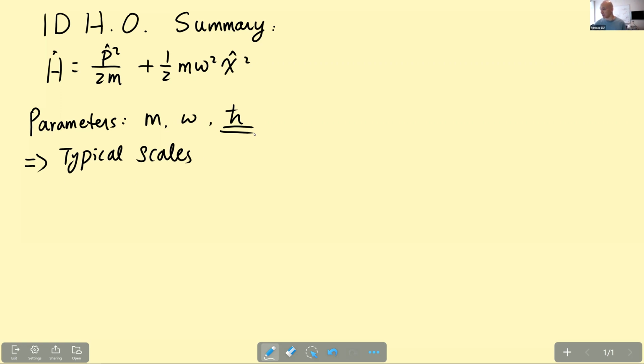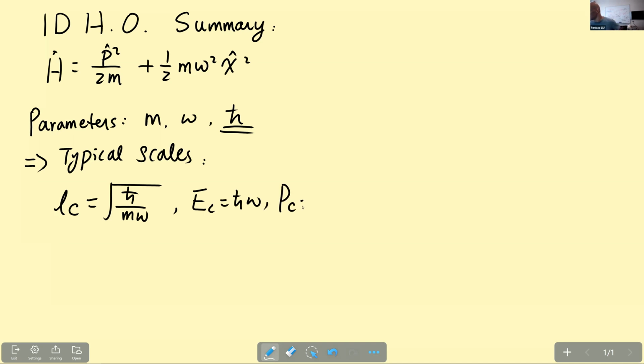But here we have, of course, a typical length scale. That is h bar over m omega. And a typical energy scale, that is h bar times omega.